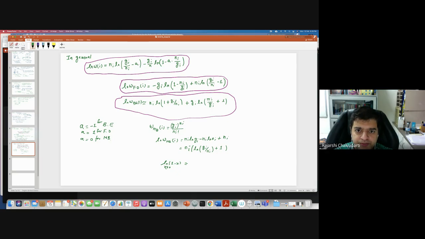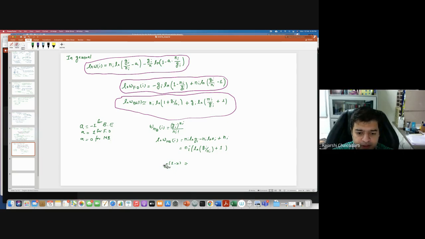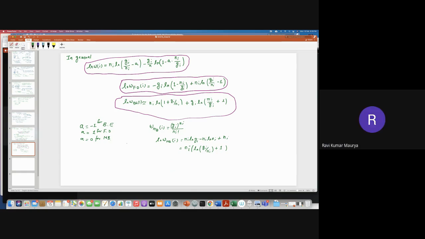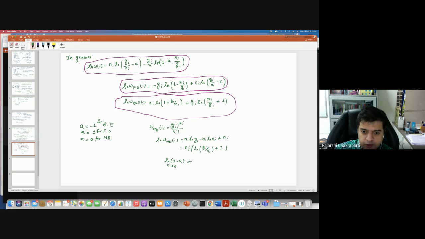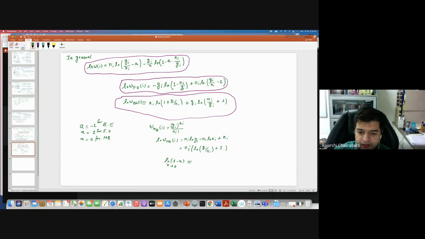Can anyone tell me what is the expansion of log? This is equal to what? Tell me. Minus x, sir. Minus x. Yeah, good.